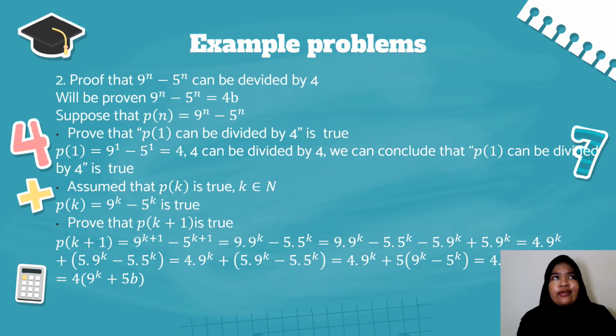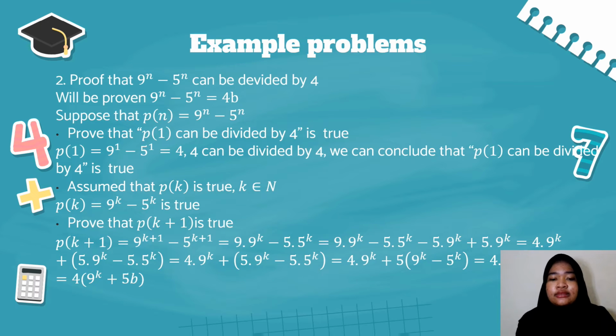Because we cannot change the question, we can just add the expression minus 5 times 9 power k plus 5 times 9 power k, which is equal to 0.